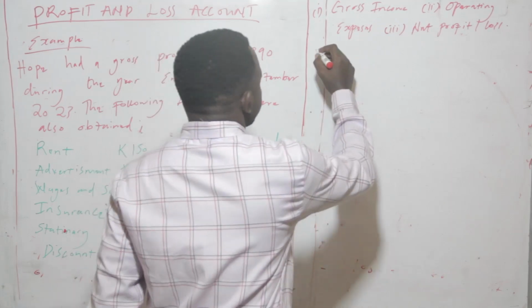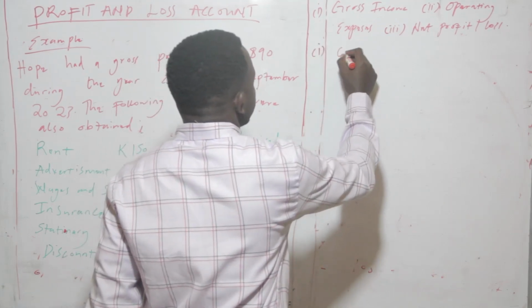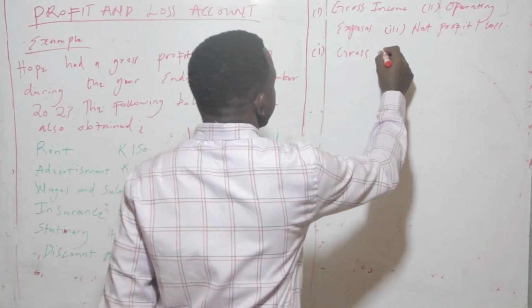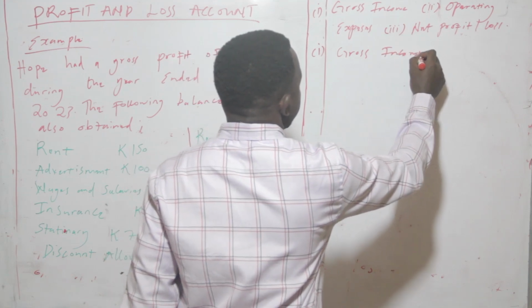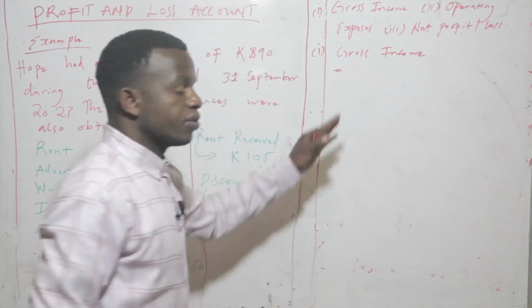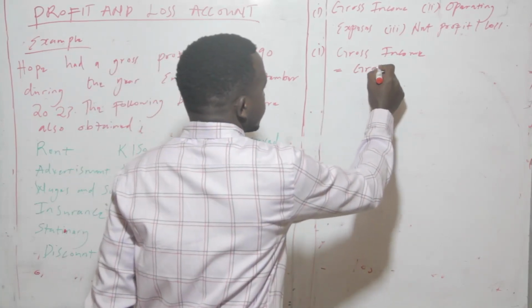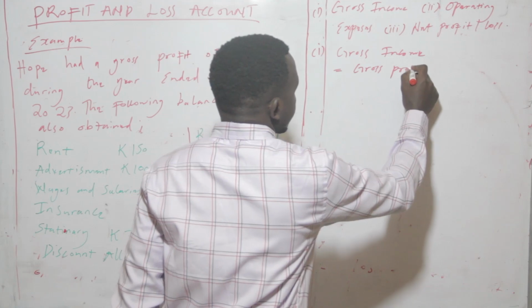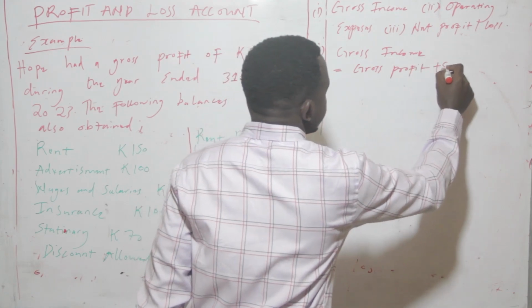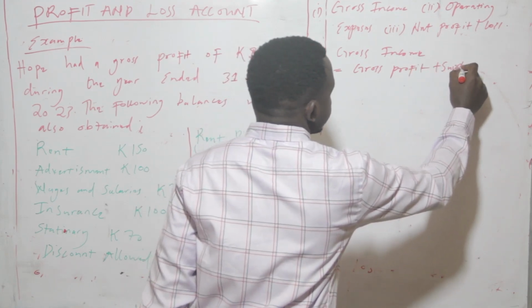So we are going to start with our first question, which is gross income. The formula for gross income is gross profit plus supplementary income.